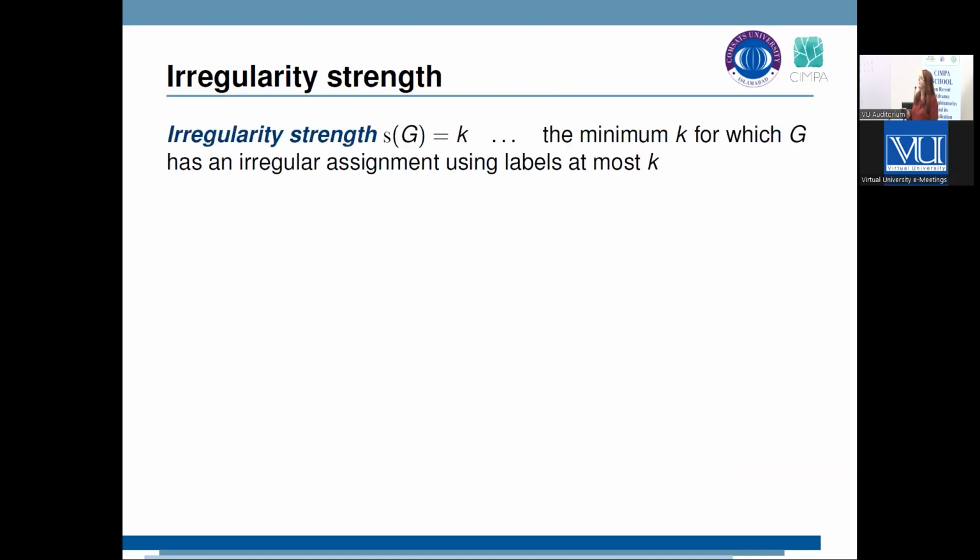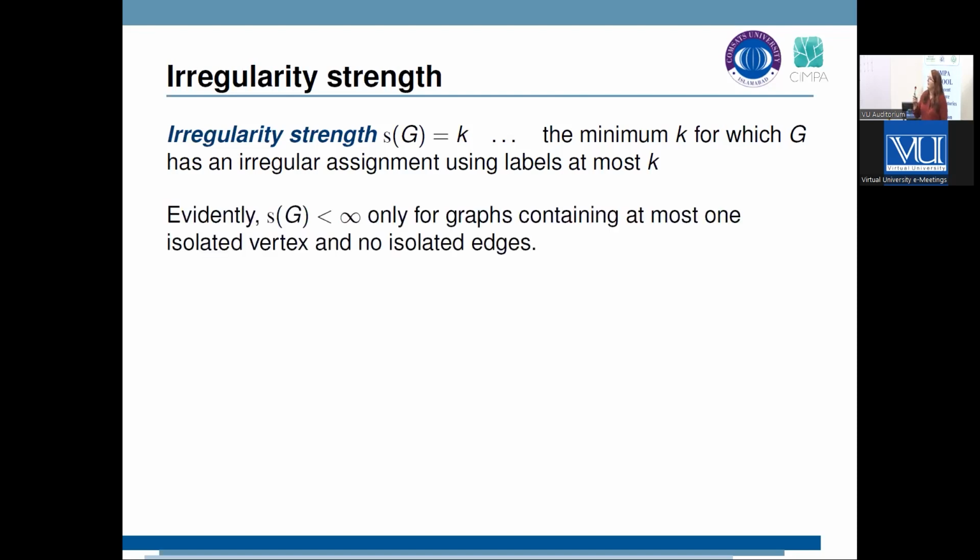Okay. So we know that the irregularity strength of a graph is the minimum k for which the graph has an irregular assignment using maximal edge label k. And this parameter is finite if and only if the graph contains at most 1 isolated vertex and no isolated edges.